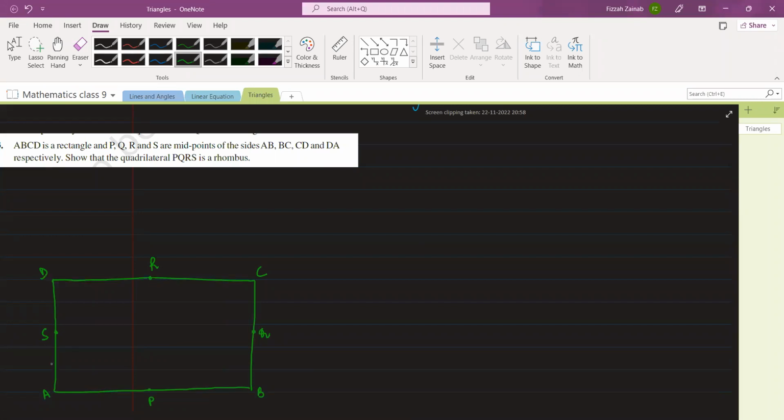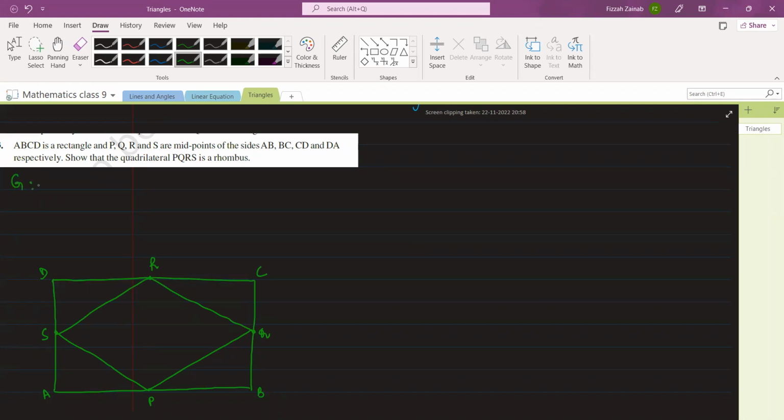Show that the quadrilateral PQRS is a rhombus. So now if you join it, good, you have to show it's a rhombus.